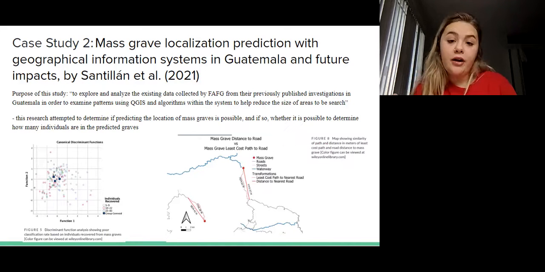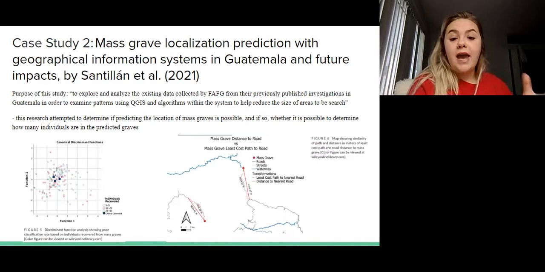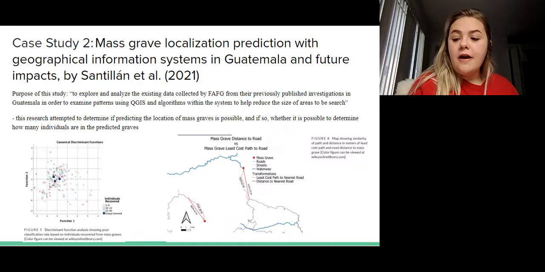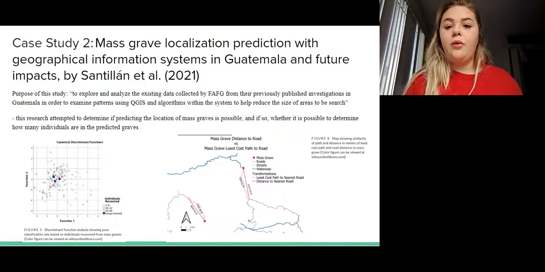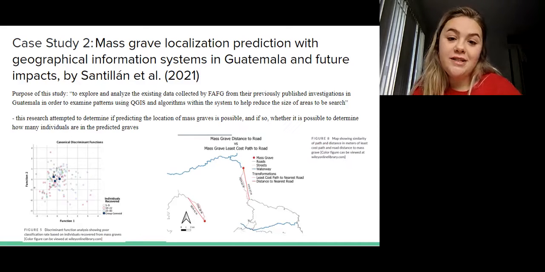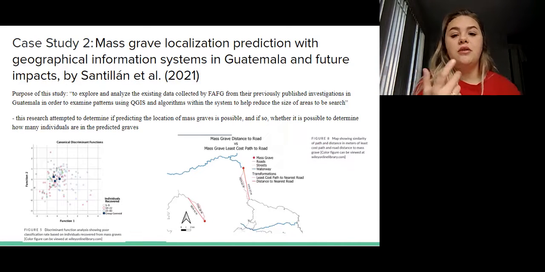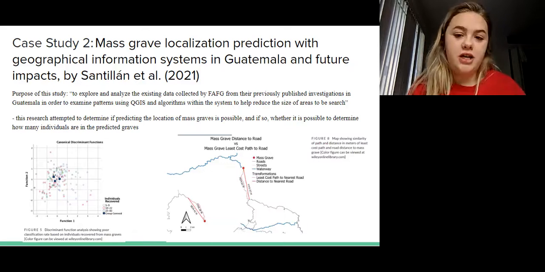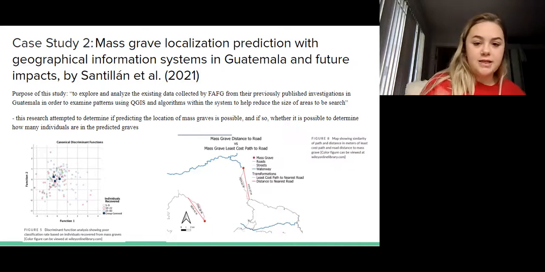The predictive model can be used to narrow areas of focus for physical or satellite image search. They also note that open source databases need to be improved to include features such as detailed soil information, vegetation, and tree cover. So that would be the ideal situation.